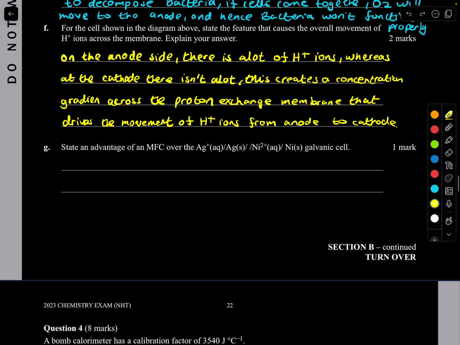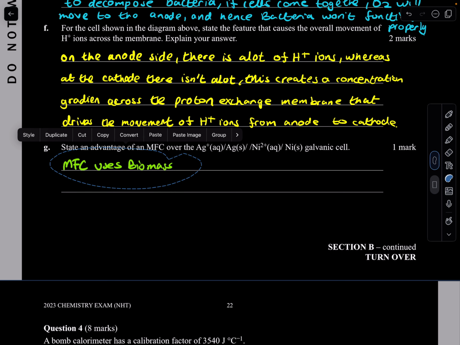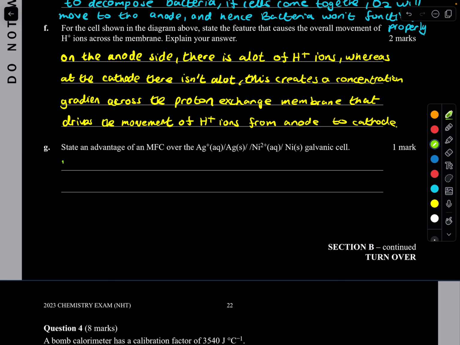So 1 mark. Let's write down, okay. In the MFC, it uses biomass. Let me just write biomass, I think it's not too much. So biomass is renewable and readily available.